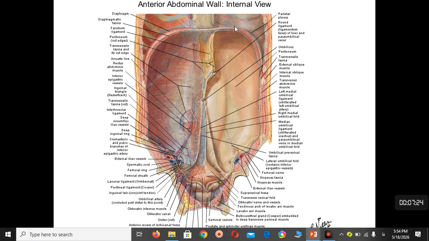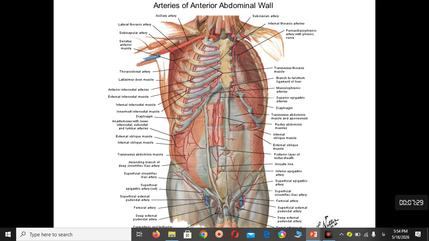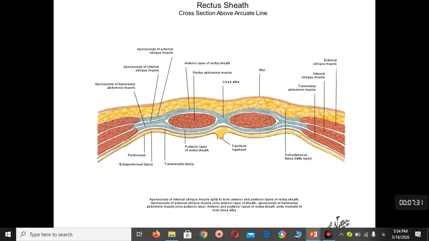Here is the diaphragm, cut in the frontal or coronal section. This is the right cupula, this is the left cupula. This is a transverse section. This is the rectus abdominis muscle. This is external oblique, internal oblique, and transverse abdominis.